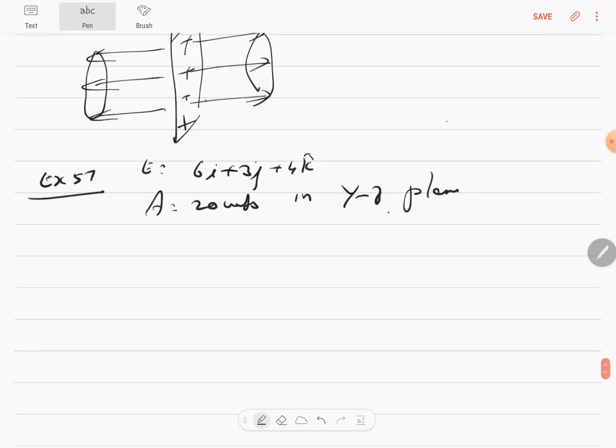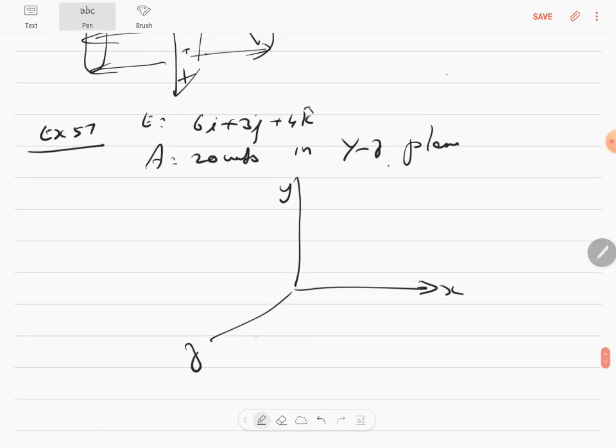Supposing this is the x-axis, this is the y-axis and this is the z-axis. Suppose you have an area of 20 units in the YZ plane, not in the XY plane. You know that in physics, area is always an area vector, which is normal to the area.